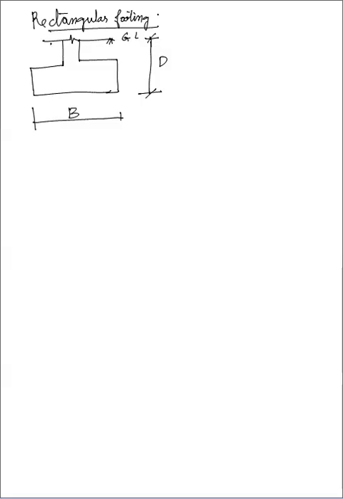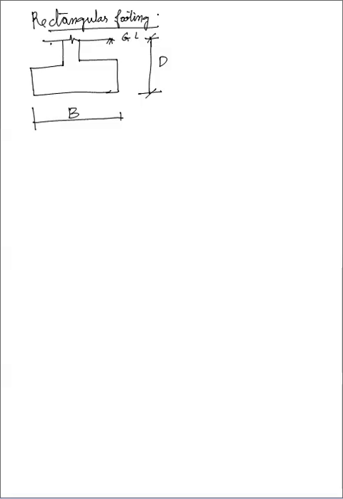So like this, see, this is your isolated footing. This is your ground level, this is your actual depth of footing, and this is your width of footing, that is capital B.